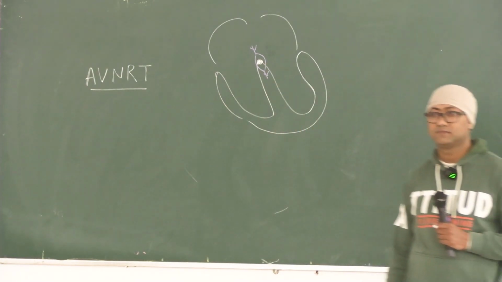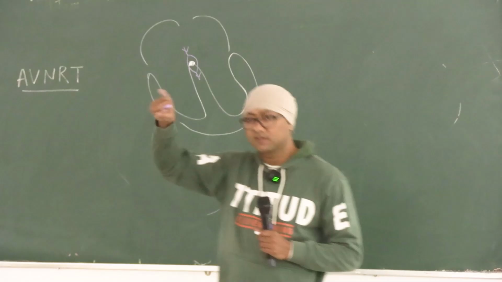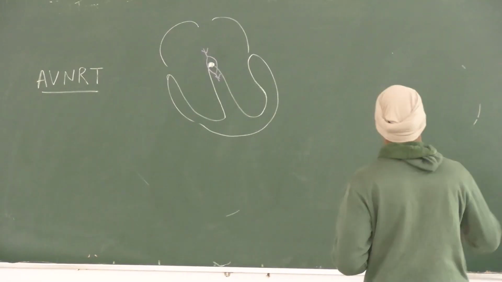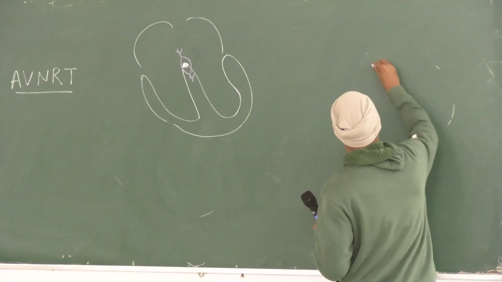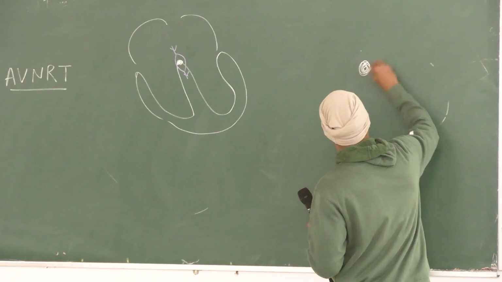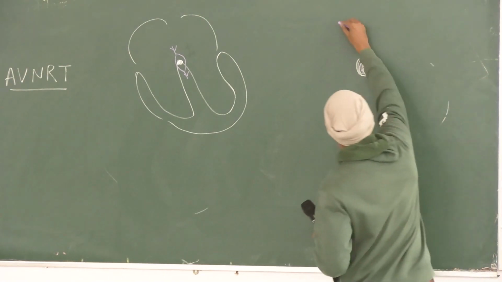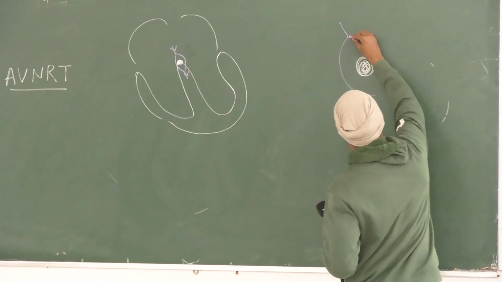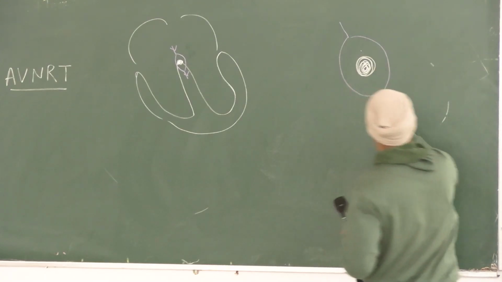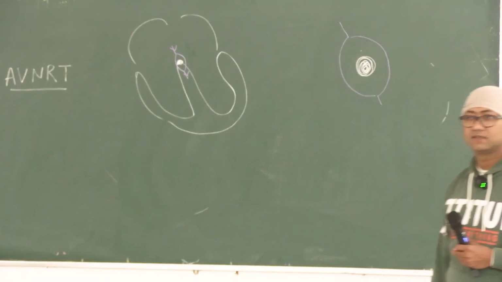Clear? The circular fiber is around the AV node. So here is your AV node and here is the circular pathway.